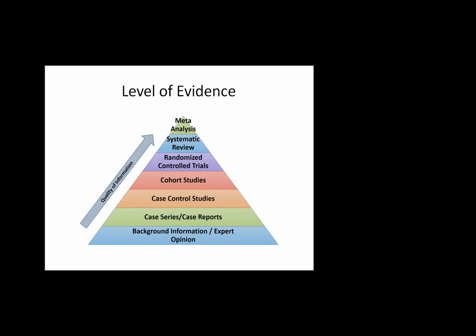The next is the case control studies. We know that case control studies give us a level of evidence, but much lower than the systematic reviews, RCTs, and cohort studies. And again, the case control study has given us very strong evidence about the association of lung cancer with smoking.